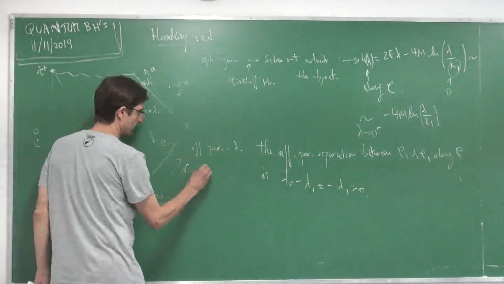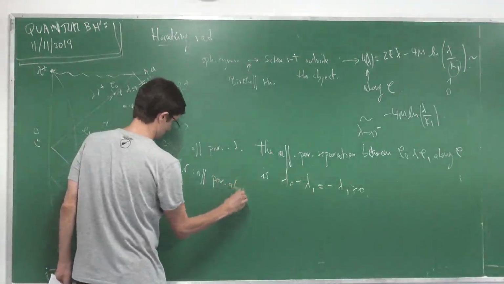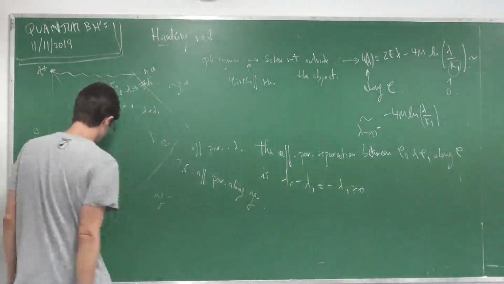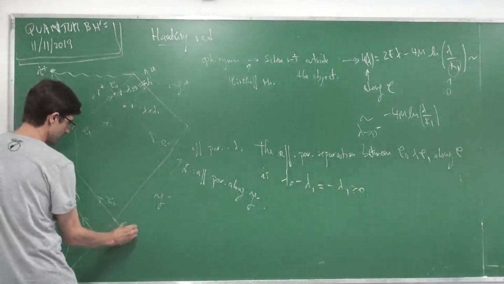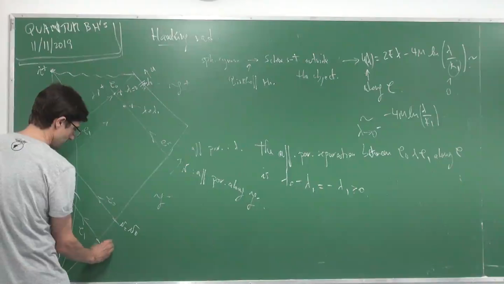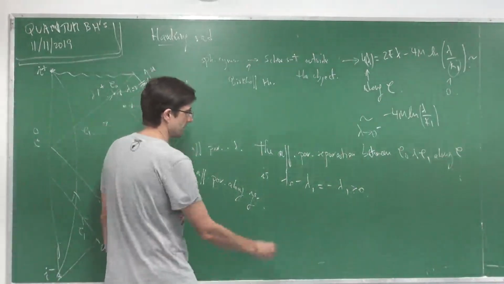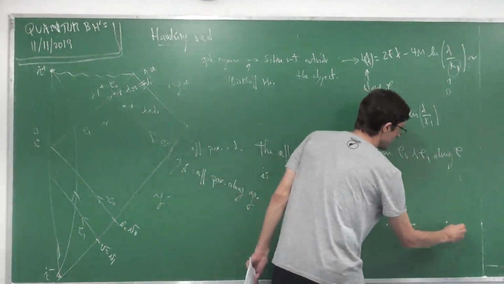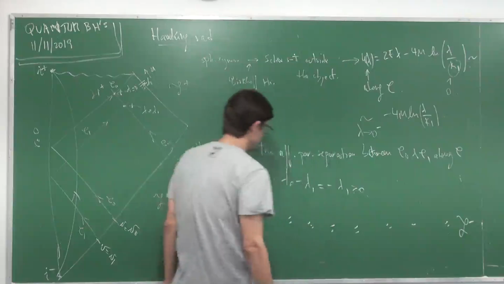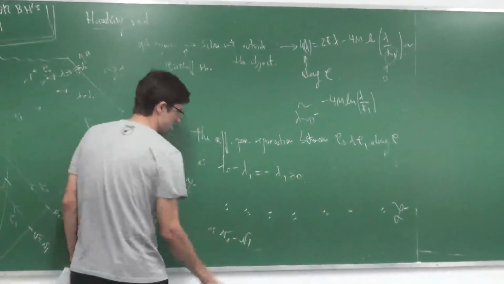V is an affine parameter along the strike lines. This is V equals V0, and this is V equals V1. So the affine parameter separation between C0 and C1 is V0 minus V1.